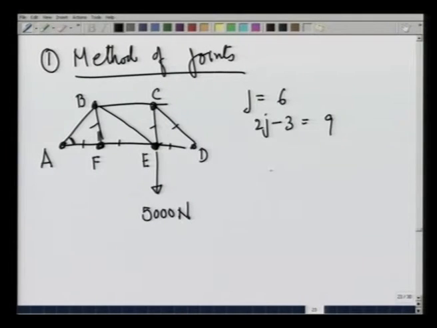So, ideally, if I start with this point, I would take point E. The force on point E is 5000 newtons, and then a force due to member BE, let me call it F BE, a force due to member FED, a force due to member FCE and a force due to member FE.